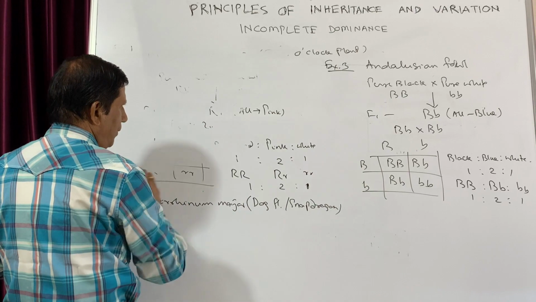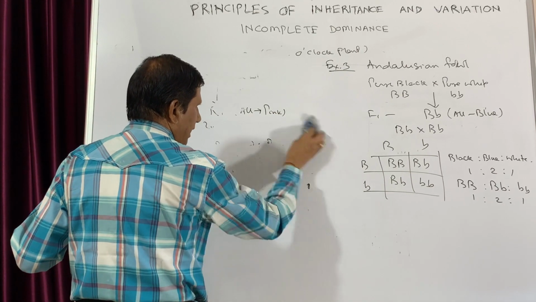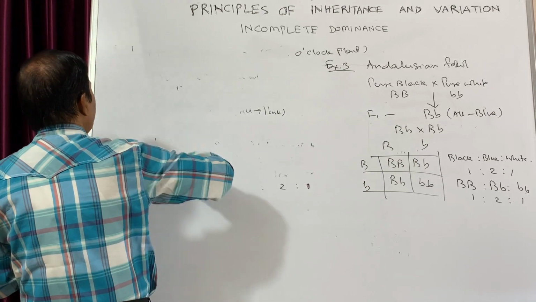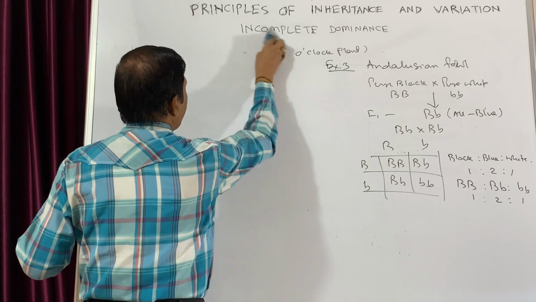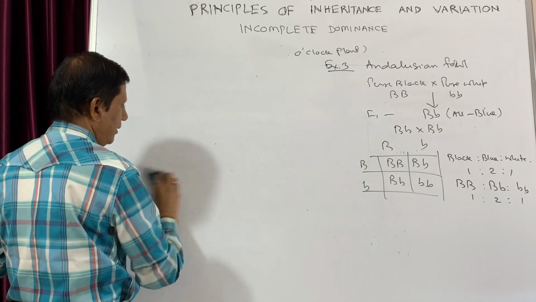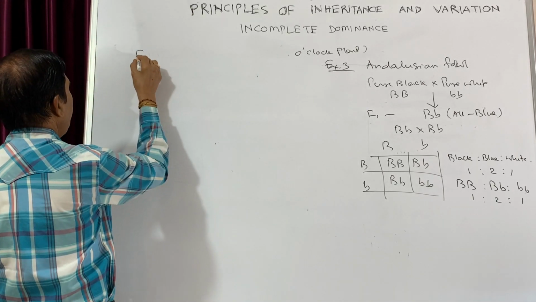Now, as all of you know, each gene contains information for the expression of a particular character. We have to give the explanation for it.